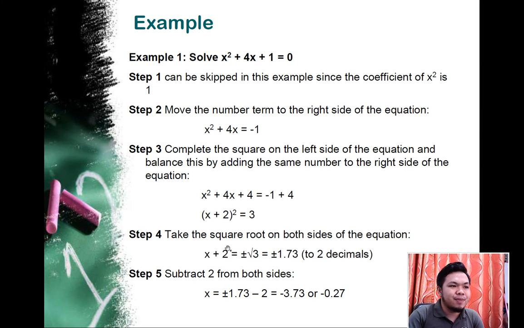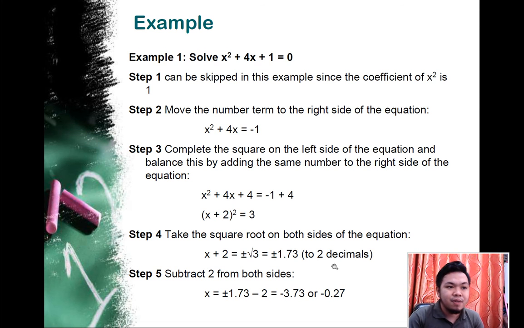Step 4. Take the square root on both sides of the equation. So, ganun pa rin. So, x plus 2 is equal to positive or negative square root of 3. So, kapag kinuha natin yan, magiging result niyan ay positive or negative 1.73, kasi mahaba yan sa calculator natin.